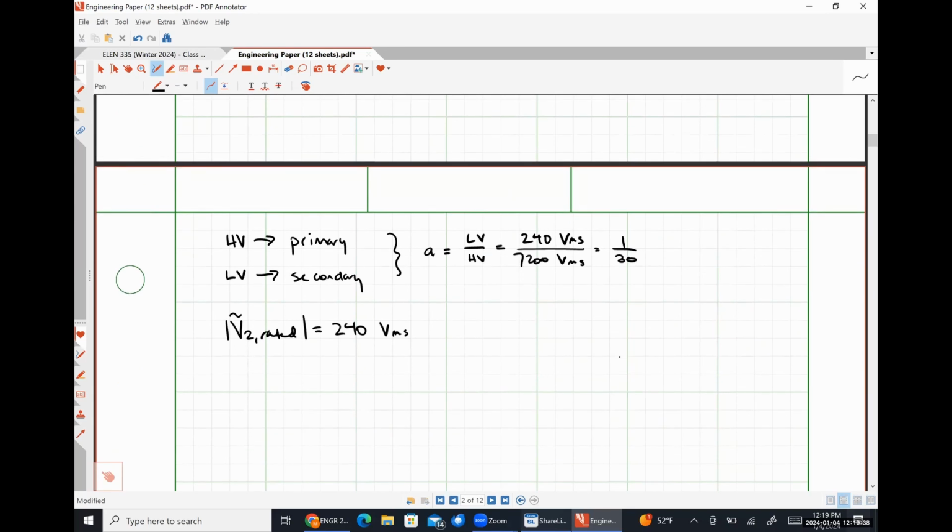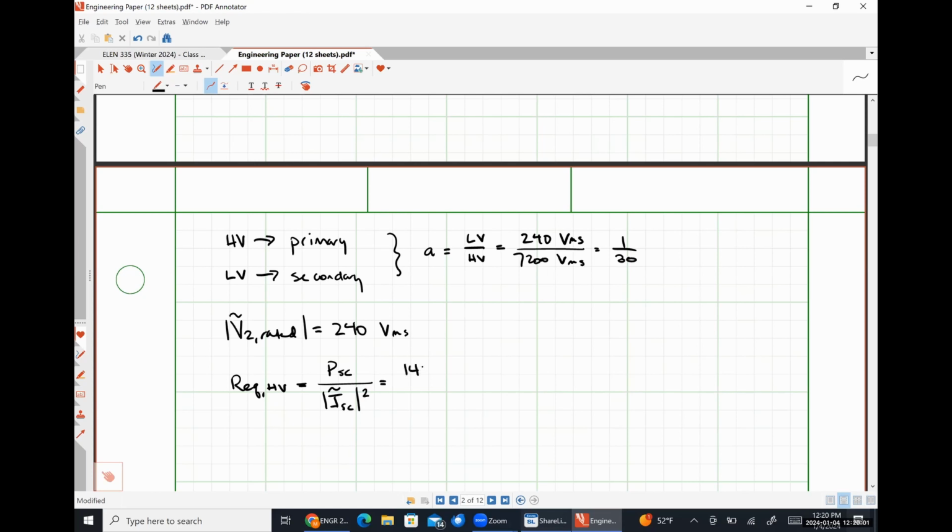So the equivalent resistance on the high voltage side is going to be our short circuit power divided by the magnitude of our short circuit current squared.